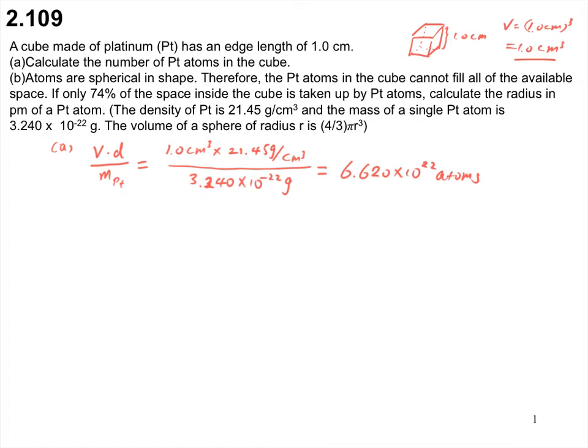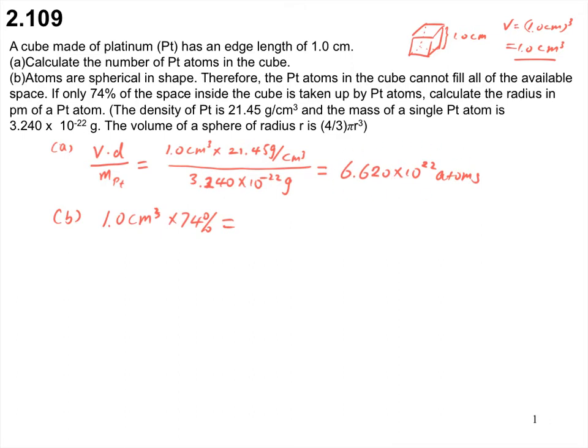Therefore, for B, we know that 1 centimeter cubed is the volume of the total cube. We know that 74% of this cube is actually occupied by how many atoms? We have this number of atoms.